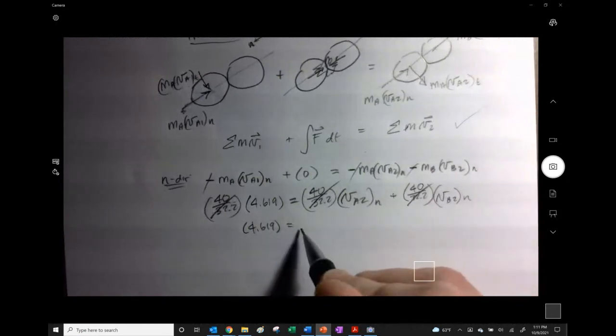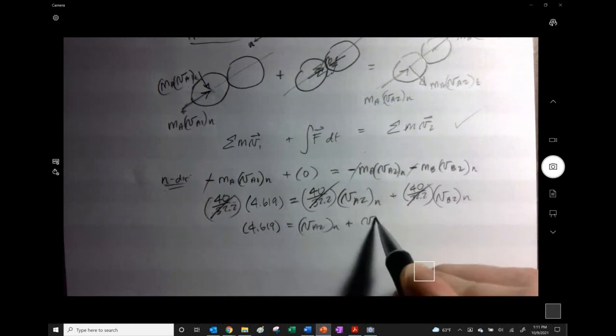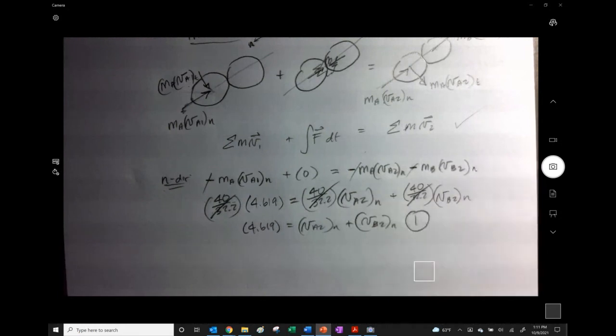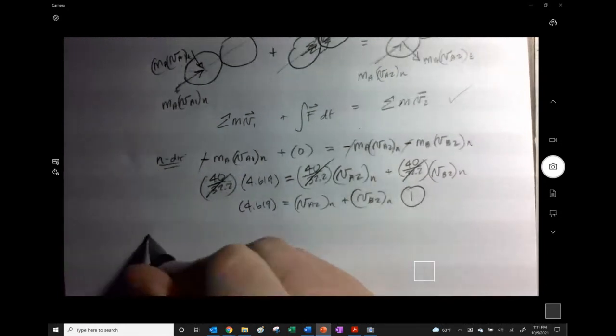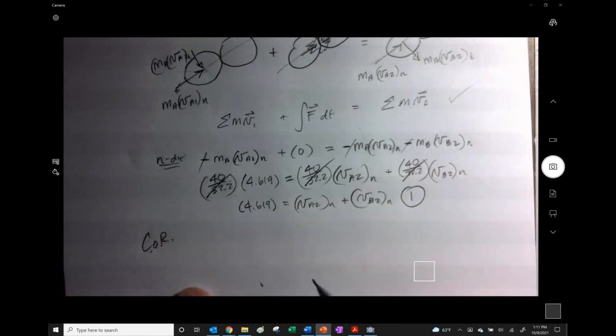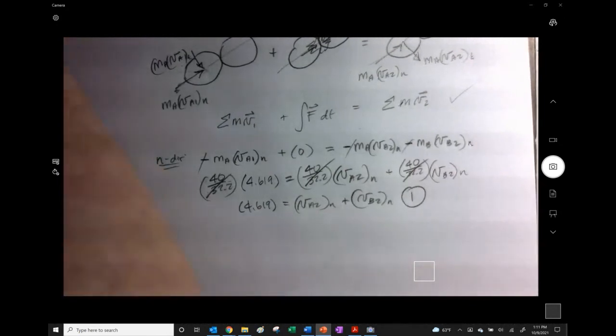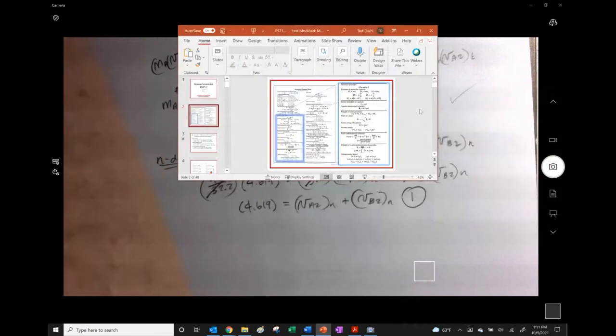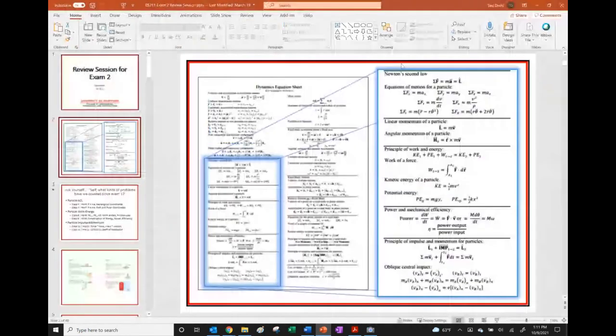4.619 is VA2n plus VB2n. Now we need to use the coefficient of restitution. And from the equation sheet, we'll go back up to the equation sheet. I'd rather just memorize it personally.